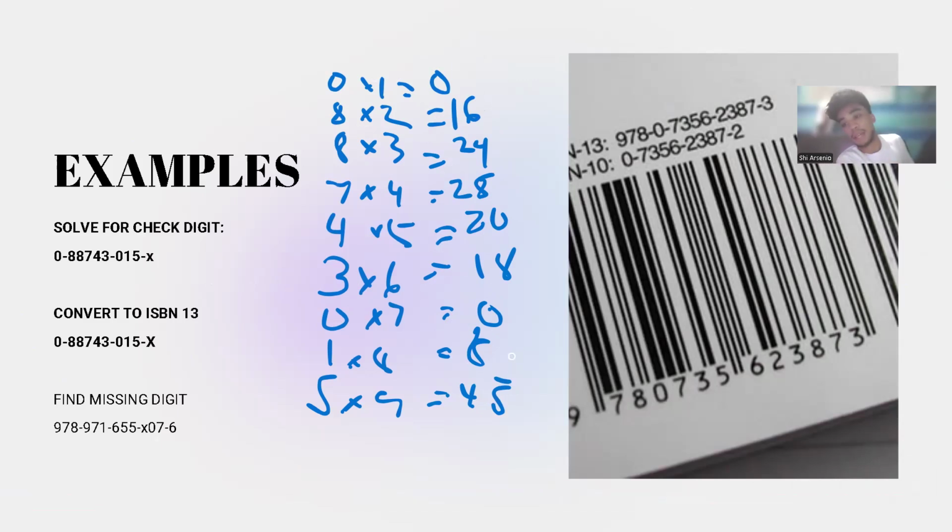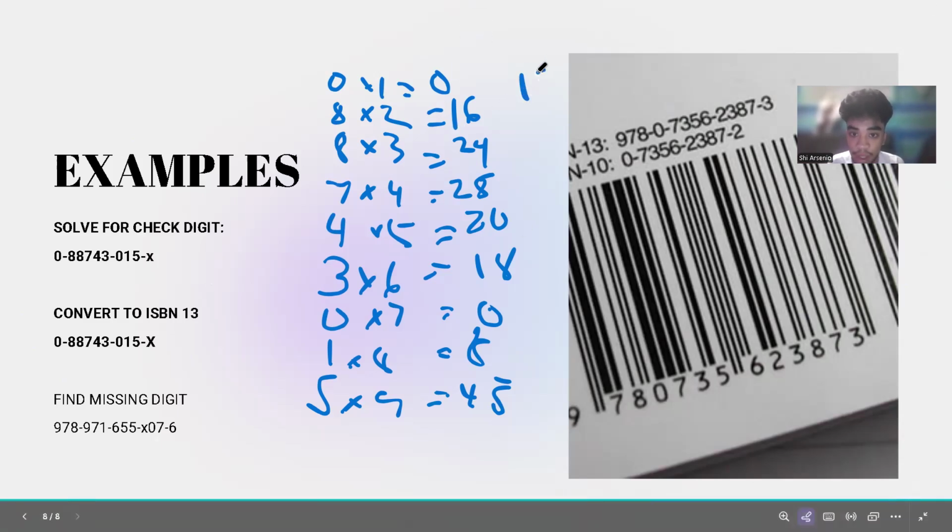So we will simply add all of the listed results. Let me get my calculator. We add from top to bottom: 0 plus 16 plus 24 plus 28 plus 20 plus 18 plus 0 plus 8 plus 45. It all equals 159.